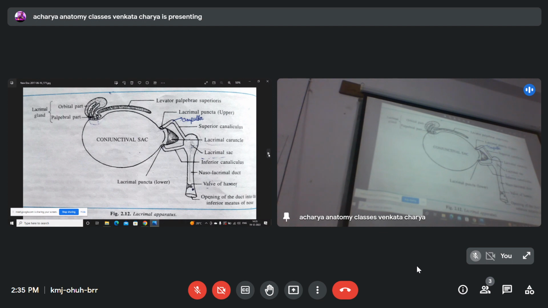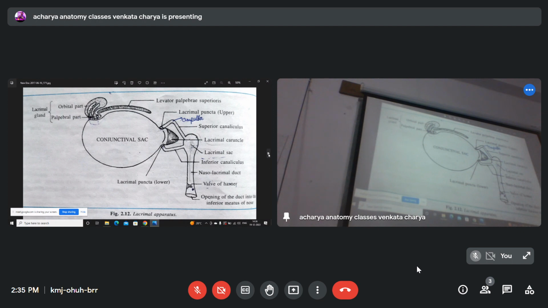Where is the inferior meatus? Between the superior concha and middle concha is the superior meatus. Between the middle concha and inferior concha is the middle meatus. Between the inferior nasal concha and the hard palate is the inferior meatus.